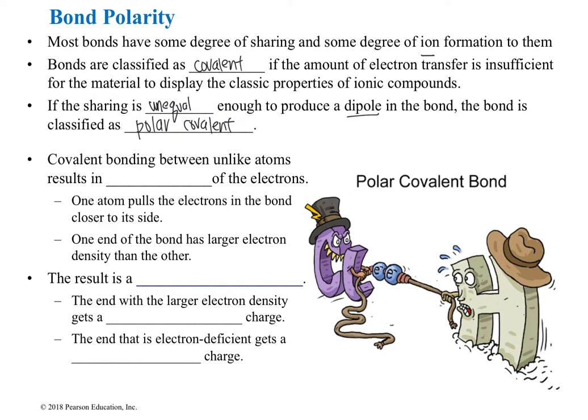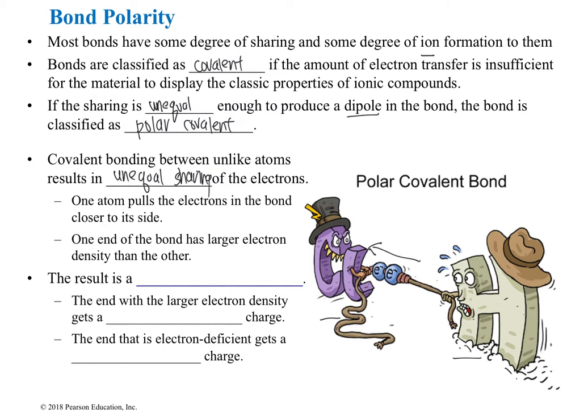When we have atoms that are not the same, then generally we have that unequal sharing. For example, in this picture we have chlorine and hydrogen. Chlorine is a halogen, so it really likes electrons because then it gets close to being like a chloride. Even though chlorine and hydrogen are sharing the electron, chlorine likes electrons a little bit more than hydrogen, so it's pulling on it.